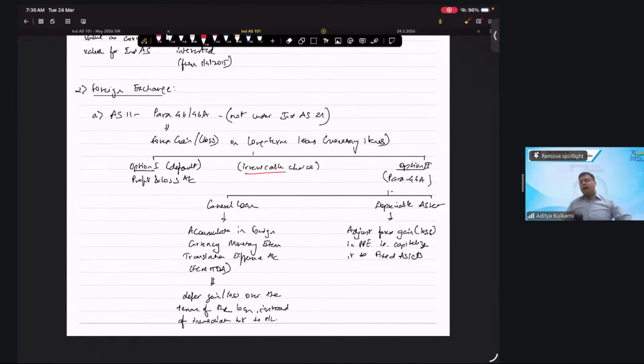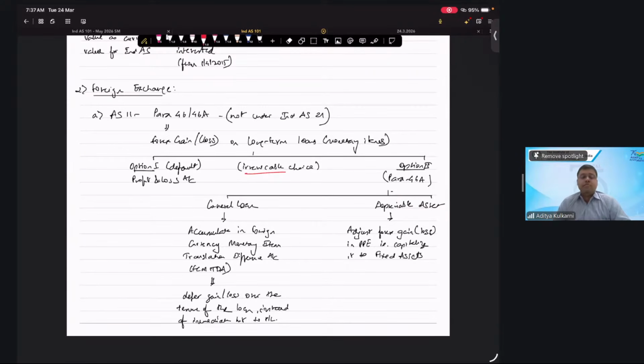Now, you have two options under the accounting standard. First option, you take the hit to the P&L. So this happens regularly. There is no change. You would have done that even without any specific guidance that is required.